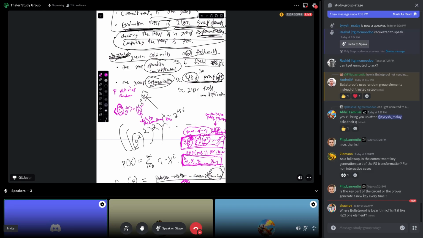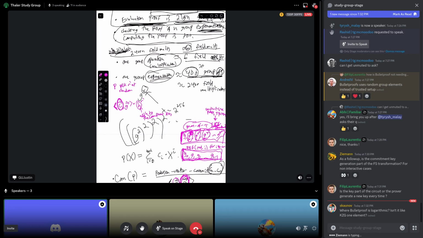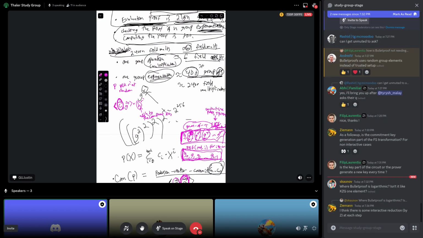So one can formulate the goal of the evaluation procedure differently. I think one way to do it is you ask the prover to reveal not the evaluation itself, but a blinded commitment to the evaluation.